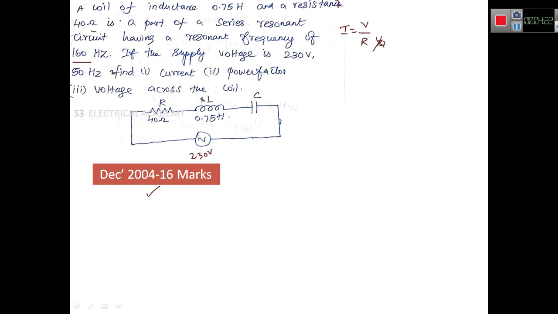The inductance effect as well as capacitance effect will be ignored. So first step, current should be equal to 100 divided by 40, which is equal to 2.5 ampere.